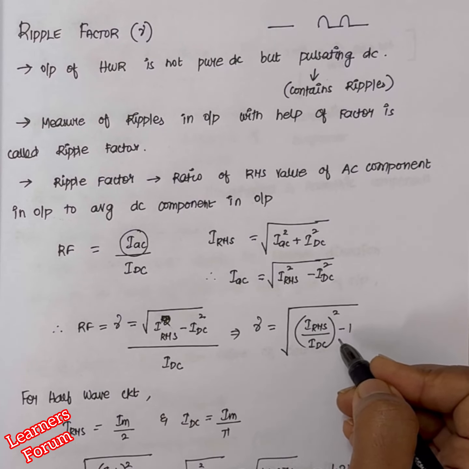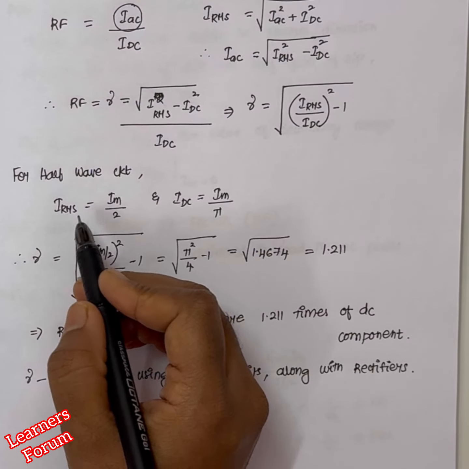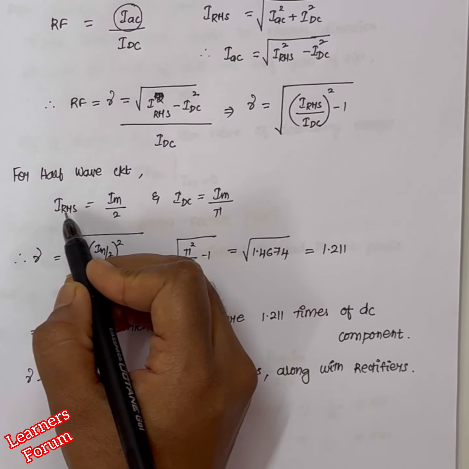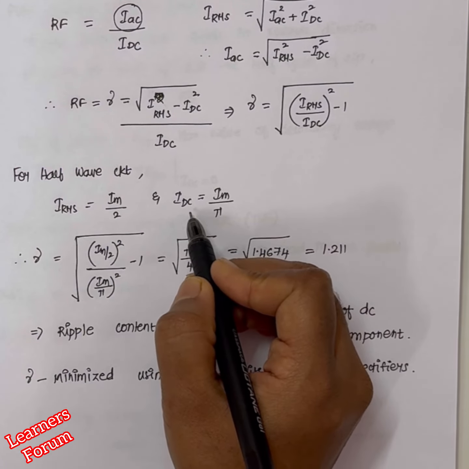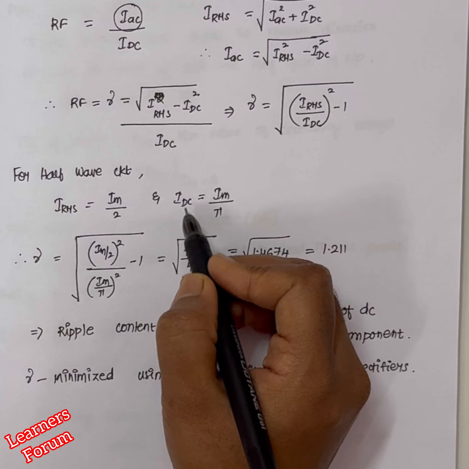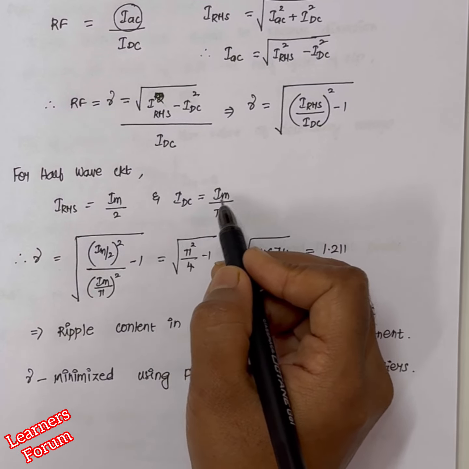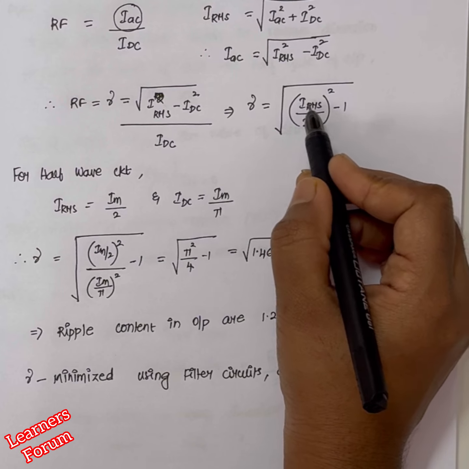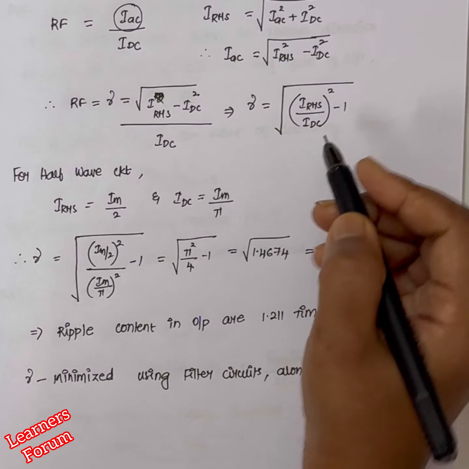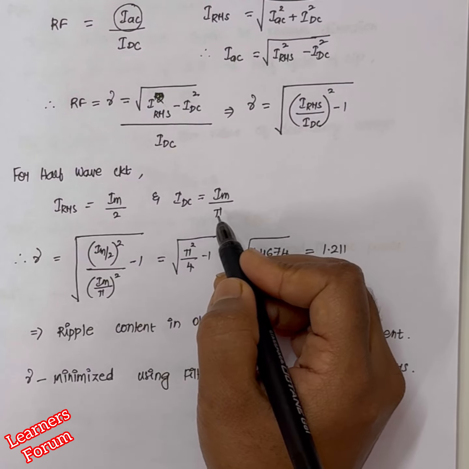circuit. Now let us calculate this ripple factor in particular for a half-wave rectifier. For a half-wave circuit, we have calculated the RMS value, which is IRMS equal to IM by 2, and we have calculated the DC component in the output as well, that is IDC, which is equal to IM by pi. So in the equation of ripple factor, we can substitute the IRMS and IDC prescribed for the half-wave circuit condition.